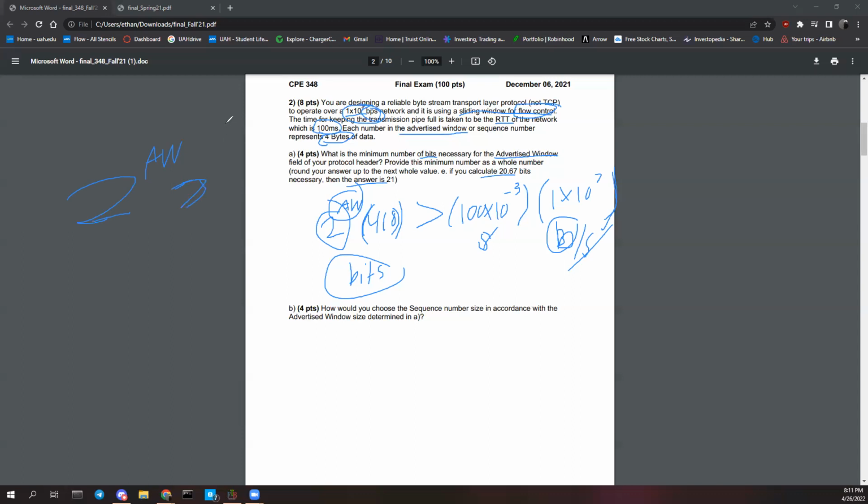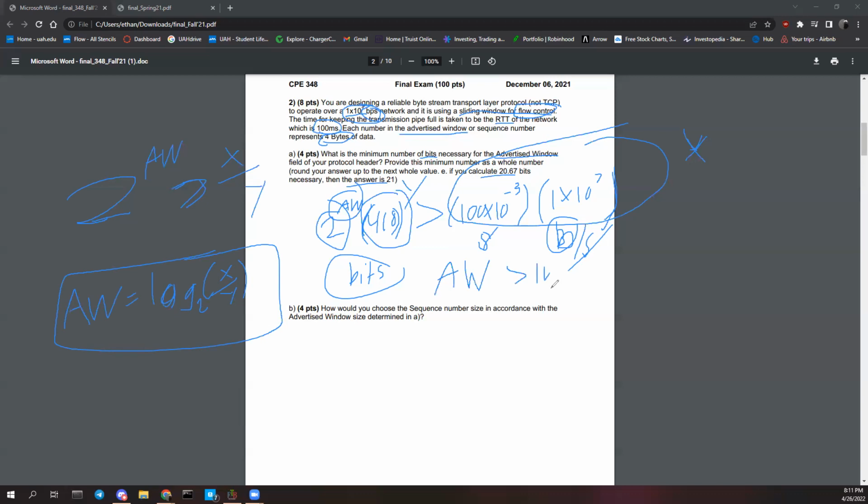So we'll call this quantity X, and we'll call this quantity Y, X over Y. So you'll have AW is equal to log base 2 of X over Y. That's how you solve for AW. The solution here is AW must be greater than 14.93. Therefore, just stick with 15 bits.